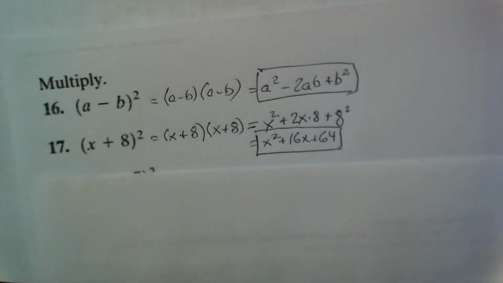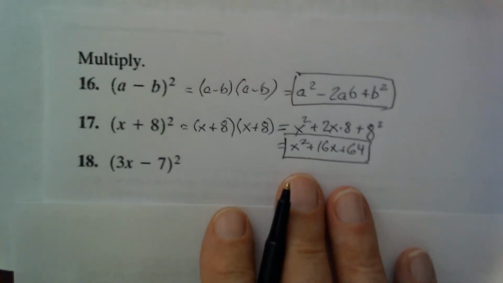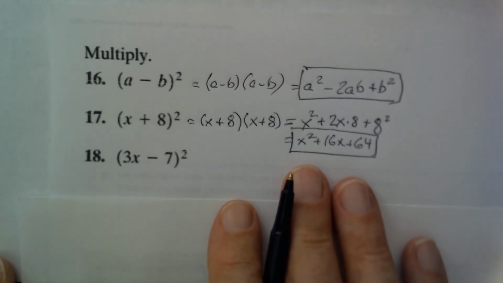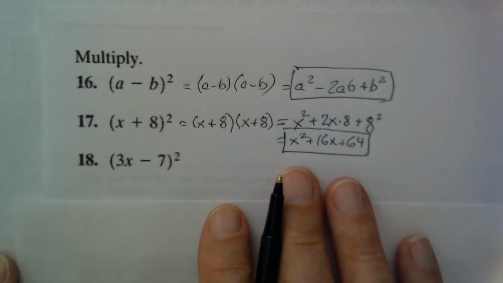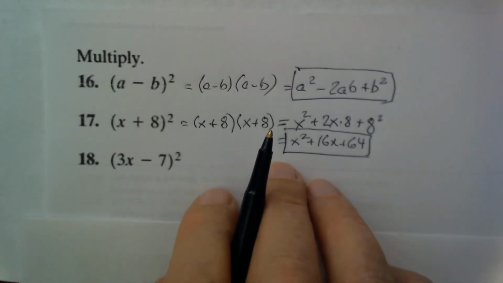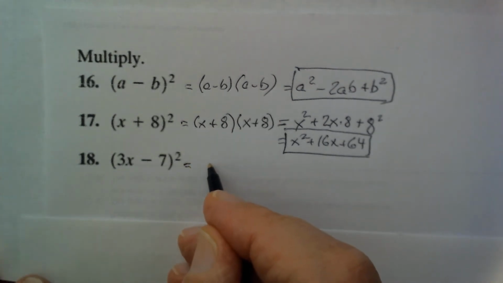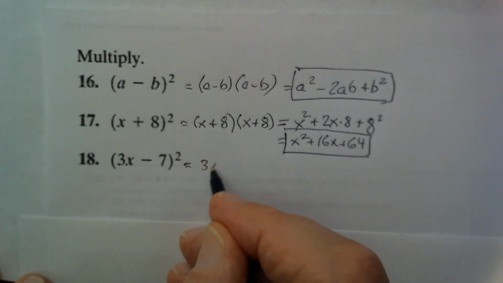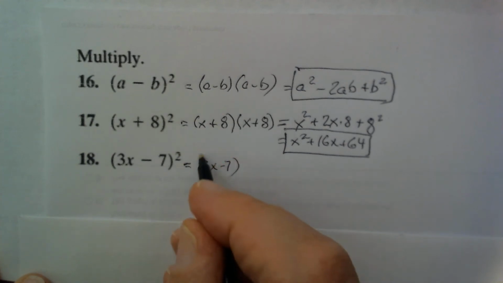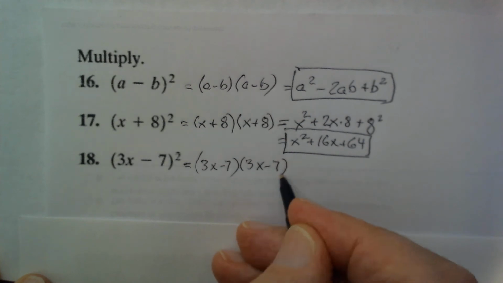Now it gets a little bit more complicated when we have number 18. So I'm going to explain that in more detail here. And in fact, I'm going to write out the formula again. So that means 3x minus 7 times 3x minus 7.